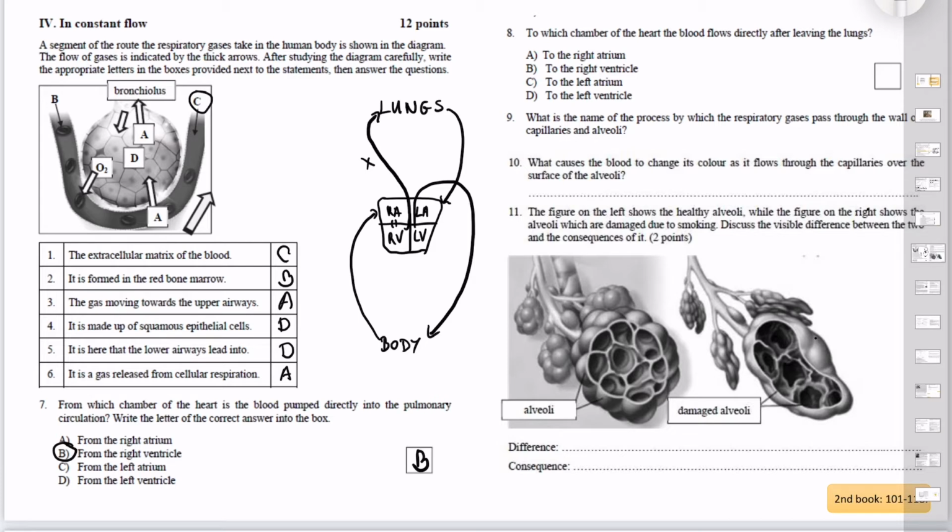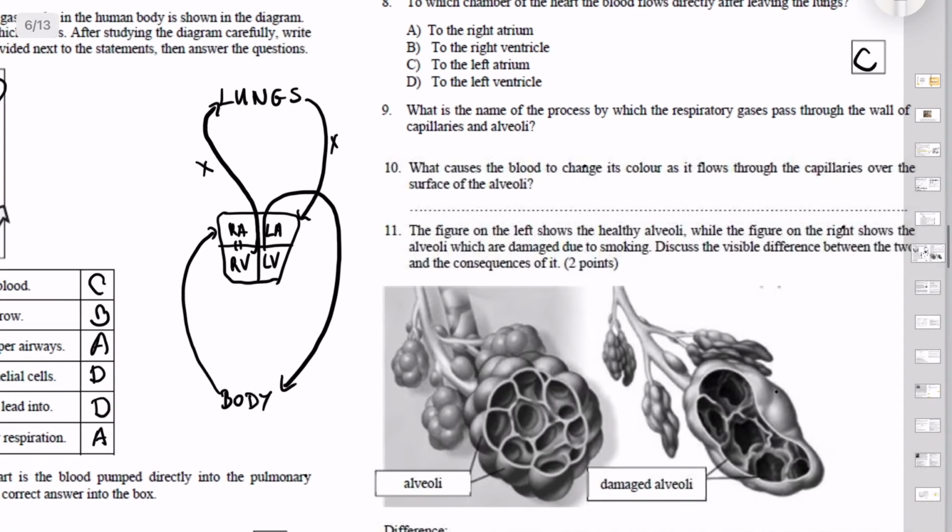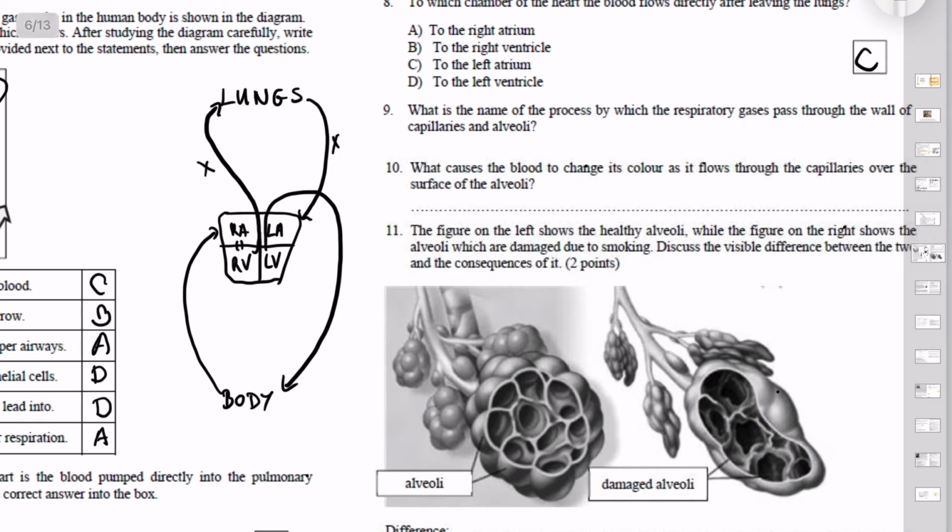Okay, let's look at question 8. To which chamber of the heart does the blood flow directly after leaving the lungs? So question 8 is asking this pathway, and basically you need to name the chamber where the vessel will arrive, and that is going to be the left atrium, so C. What is the name of the process by which the respiratory gases pass through the wall of capillaries and alveoli?